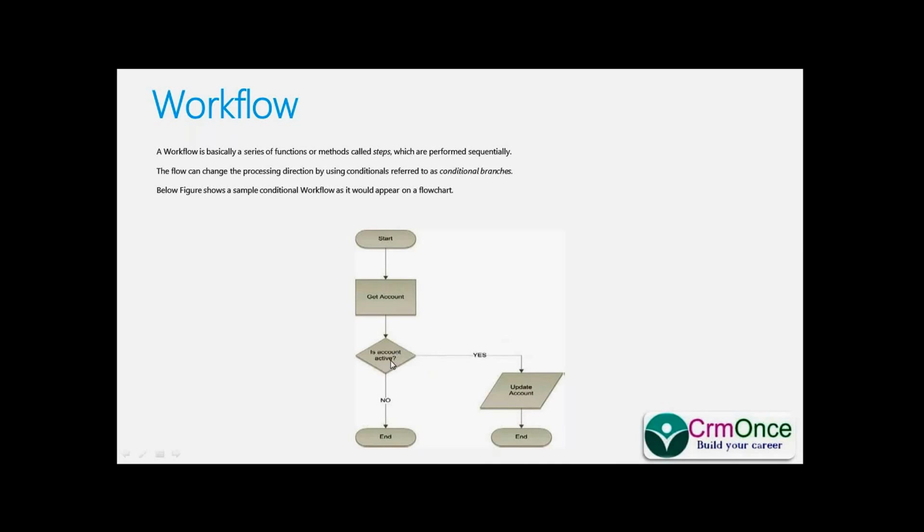If it is deactivated, so it is not active, don't do any operation. So this kind of flow of operations will be handled in such a way. So that is a workflow.